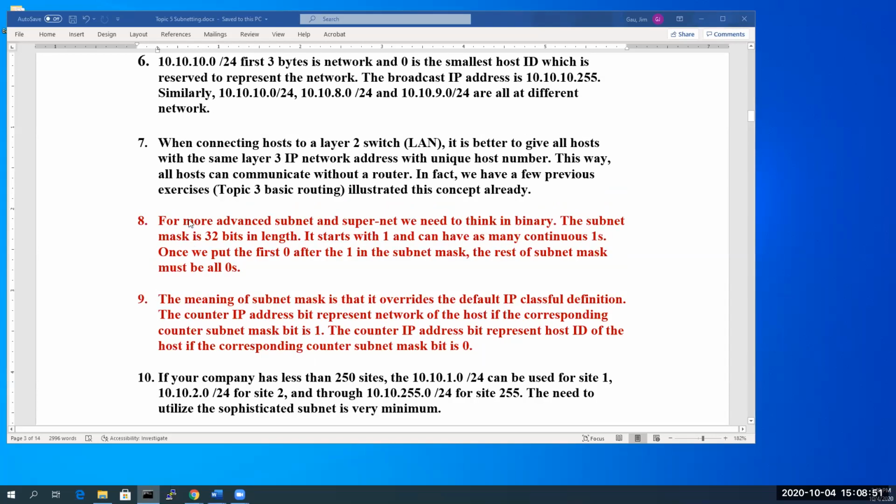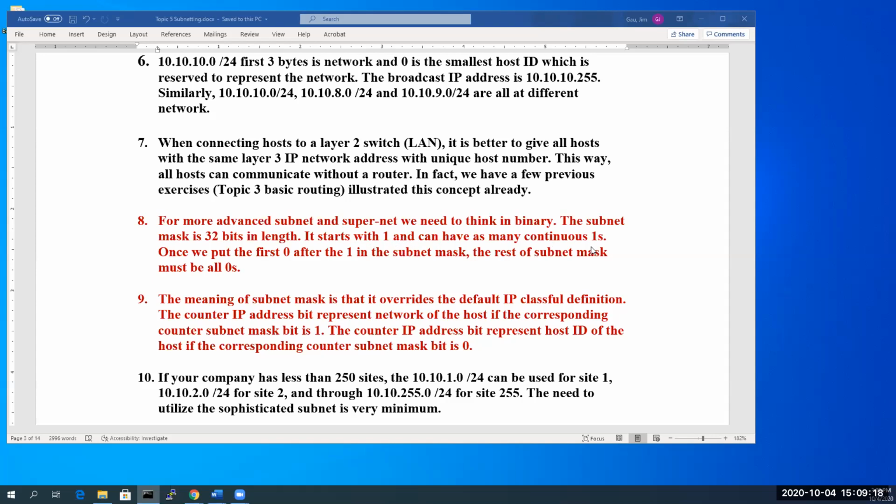So you have to understand what a subnet mask is, and the rule on that. The subnet mask is 32 bits, the same length as your IPv4 address. It starts with a 1, and it can have as many ones continuously as you like. When you see a 0 in your subnet mask, you have to 0 all the way.